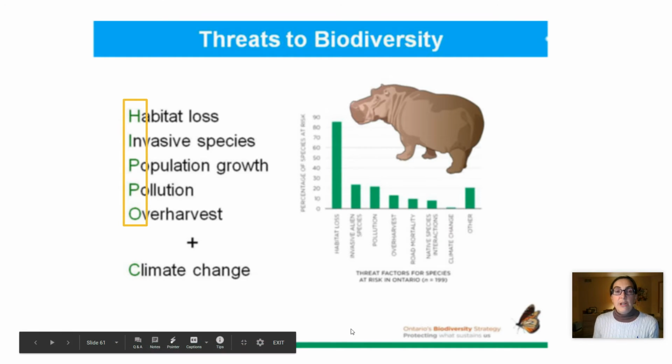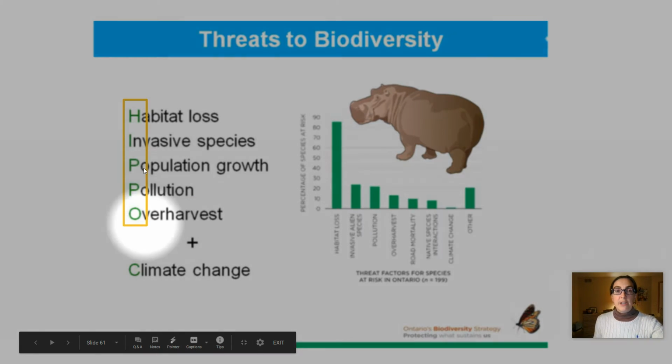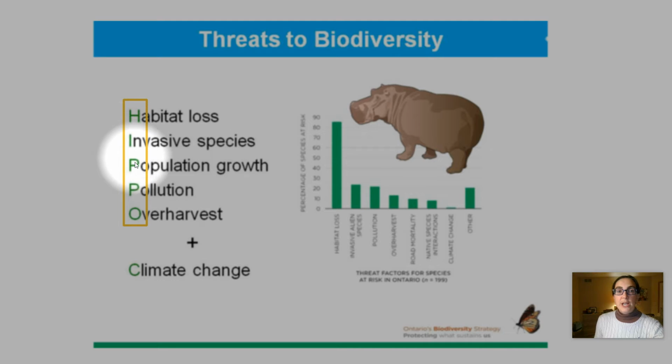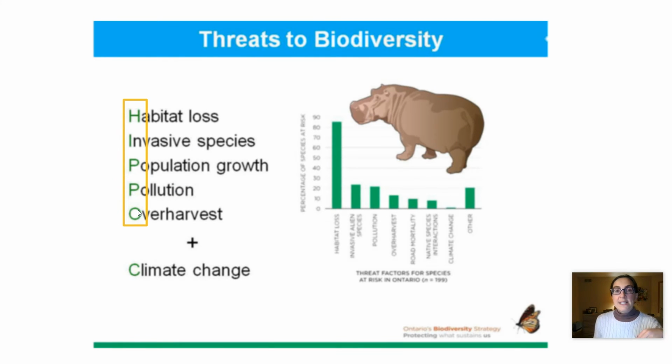We summarize those human-caused threats to biodiversity with this acronym, HIPPO, that stands for the 5 main threats to biodiversity. And in recent years, we've also added a 6th one. We've added a C. So we talk about HIPPO plus C as these main threats to biodiversity.